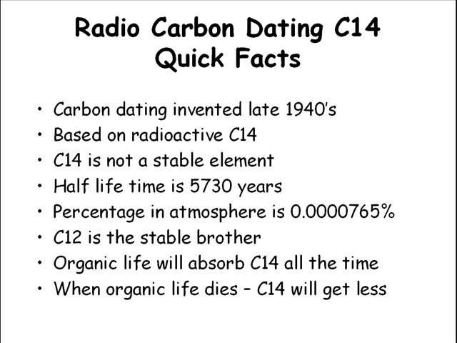So C14 gets absorbed to pretty much about the same percentage as it is in the atmosphere. Again, the percentage is 0.0000765%. And if you take a plant apart and look for C14 inside the plant, you would get about the same percentage in there.